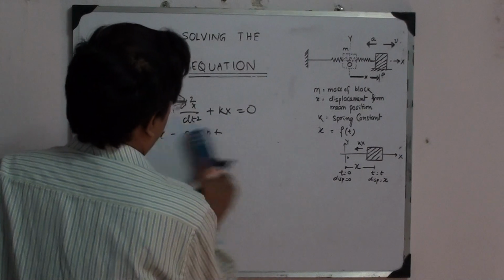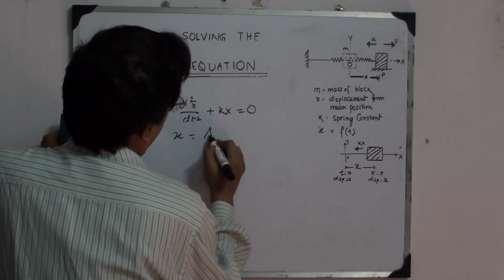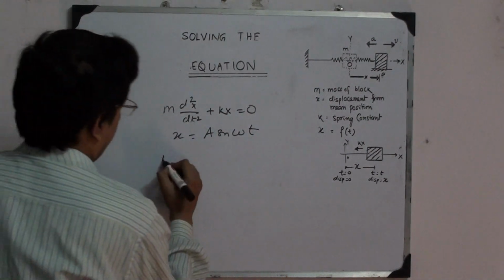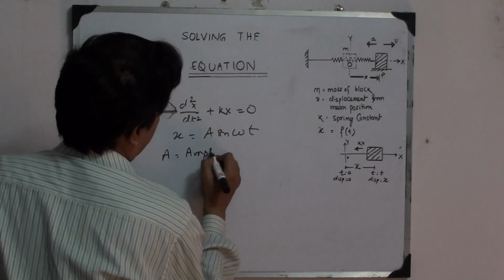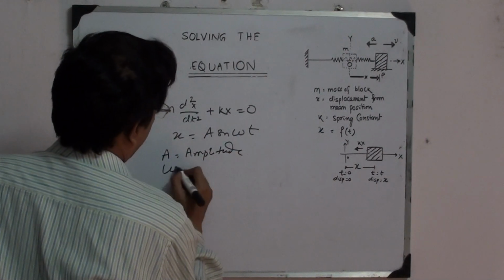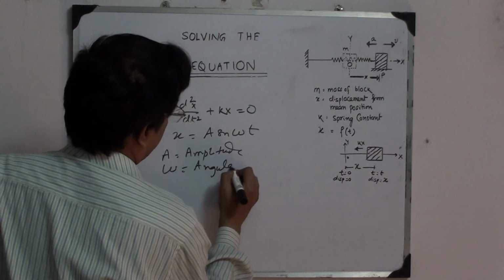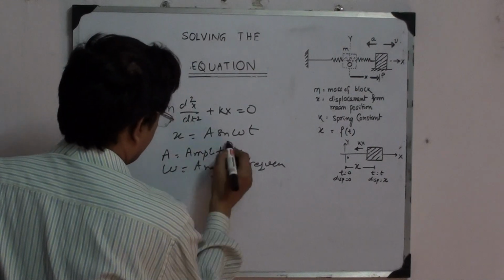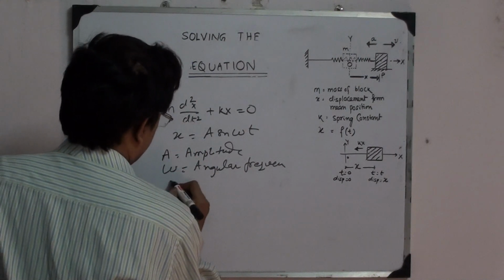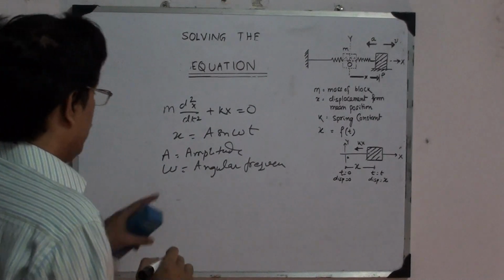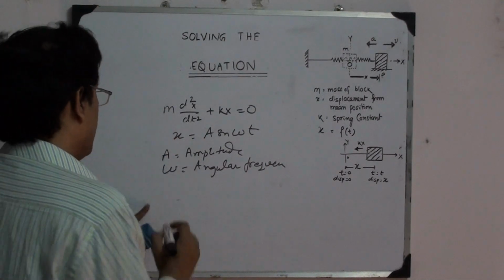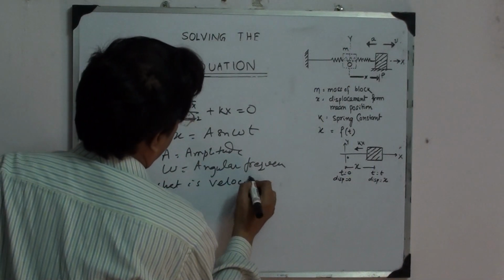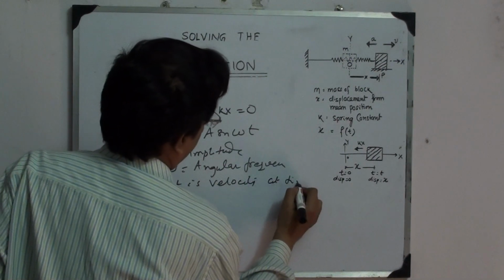Now if x is equal to a sin omega t, where a is the amplitude and omega is the angular frequency, we want to find out what is the velocity at time t.